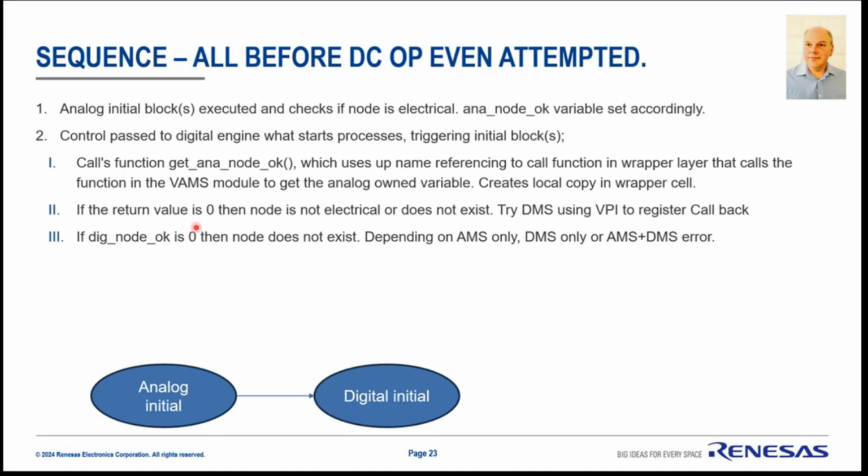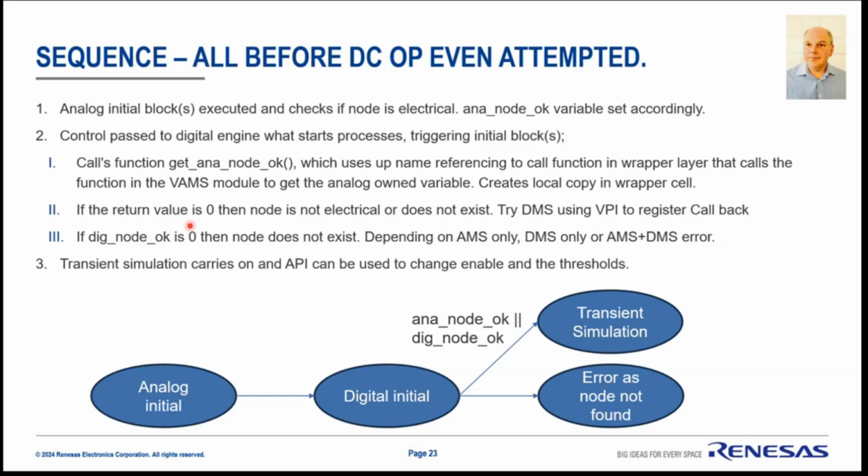If it returns 0, then the string that's been passed in is not electrical, or does not exist. So I then need to try to see if it's DMS using VPI. And if it is DMS, then I register a VPI callback, so if that net ever changes value, it comes and triggers some code in the SystemVerilog land.